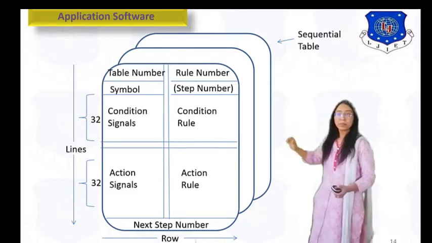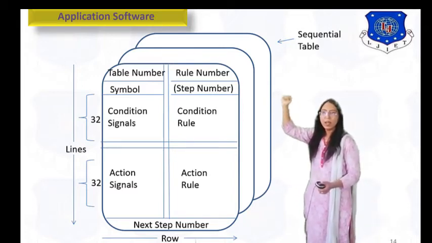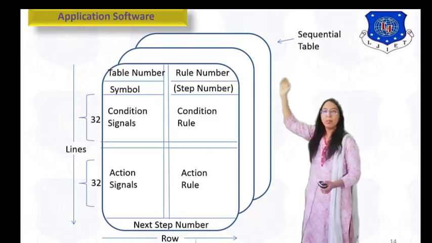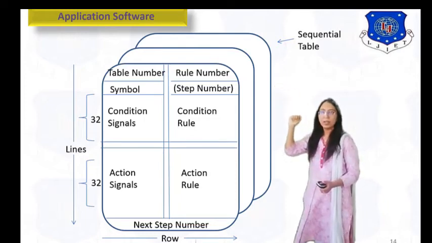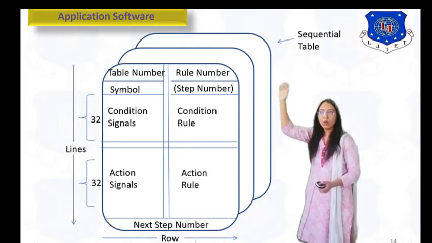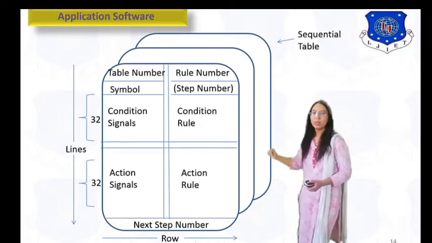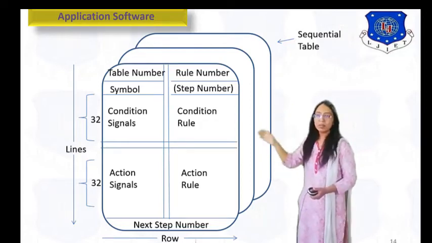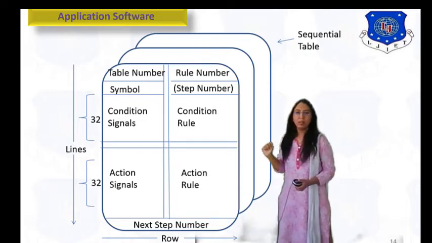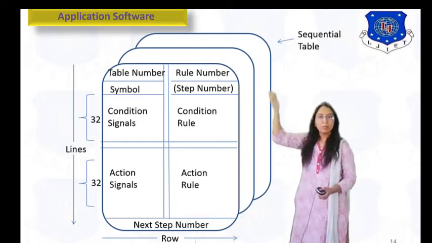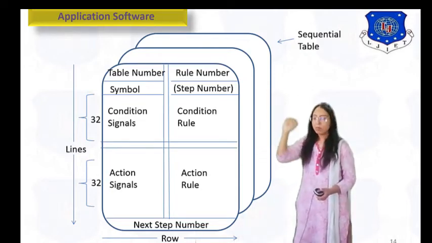Then here you can see at the top side the table number, and in the second column the rule number is available. Below the table number, symbols are available. Then below the rule number, step numbers are available.